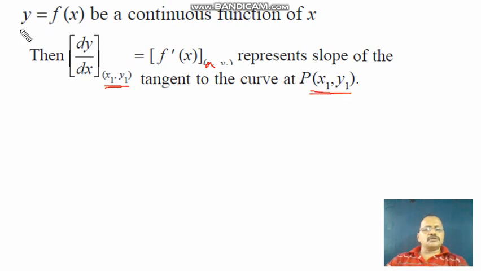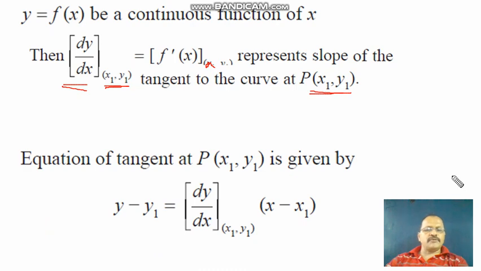Now if we know the slope of a line and if we know any point on the line, then using slope point form its equation can be found out. The slope point form is y minus y1 is equal to slope into x minus x1.